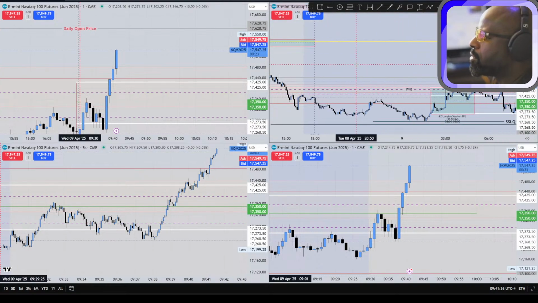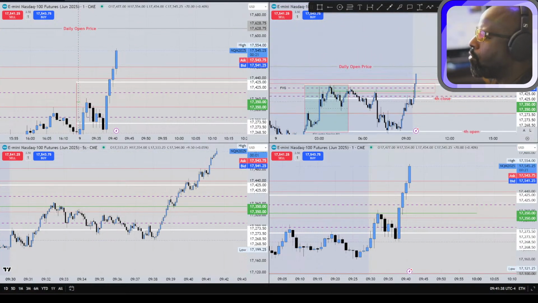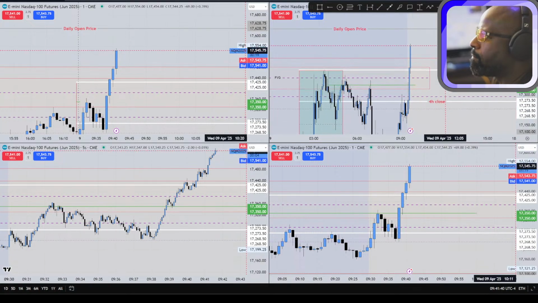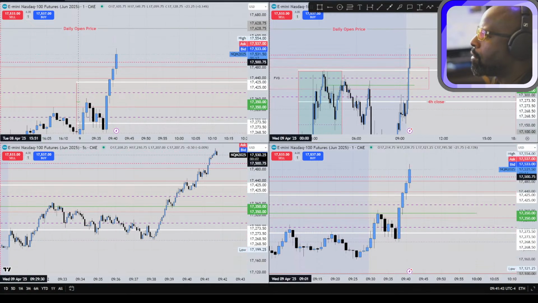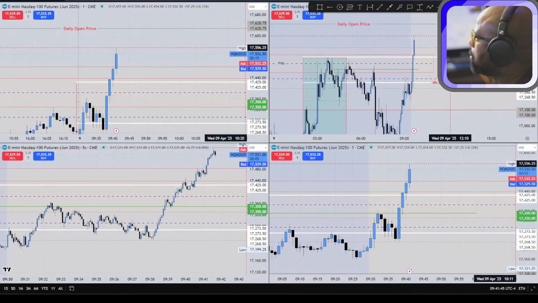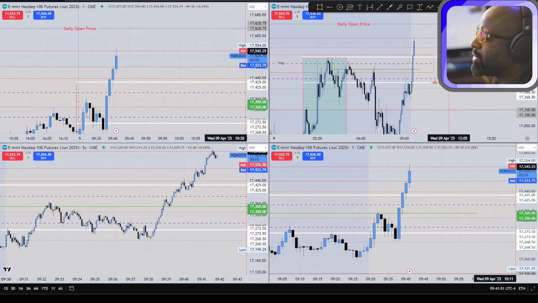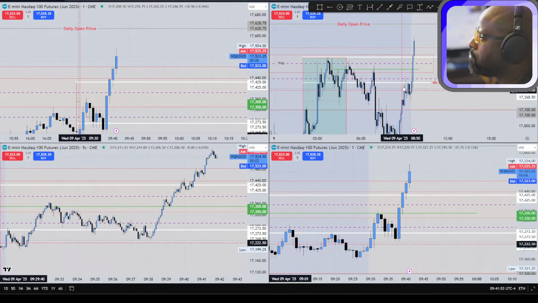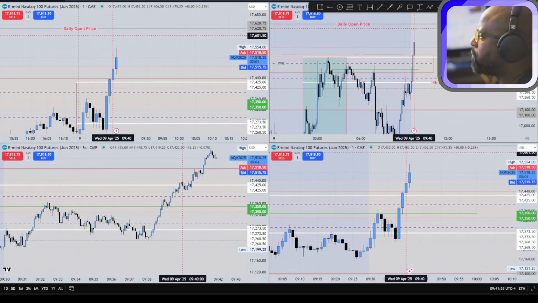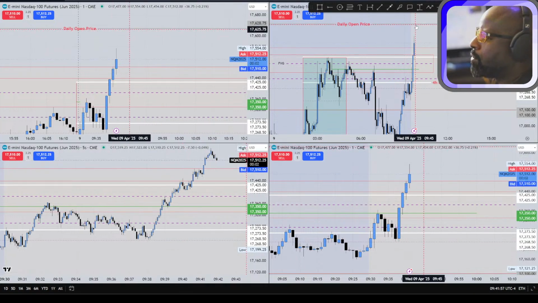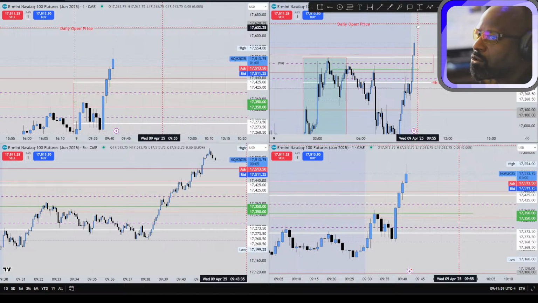And this has me really curious because as soon as the market opened, we immediately ran for this area. Either we could have a strong bullish signal, which I doubt, or we're just going to run to this level, which is that opening price on the daily chart.